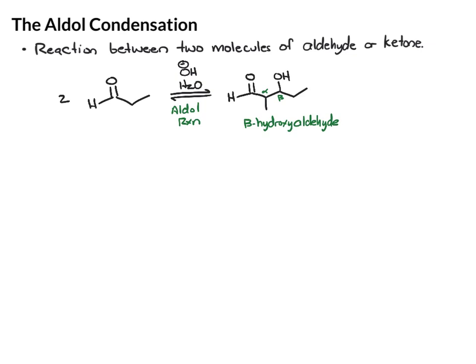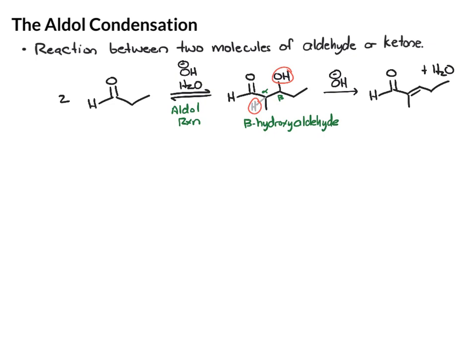But then what happens is a subsequent step in the presence of the base, we lose water. And you can think about this proton at the alpha carbon and the OH at the beta carbon being lost. And when we lose water across that bond, we end up with the products.